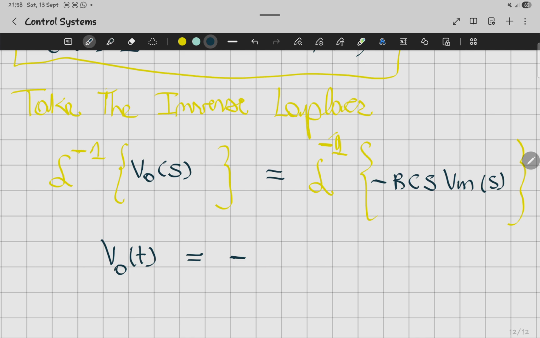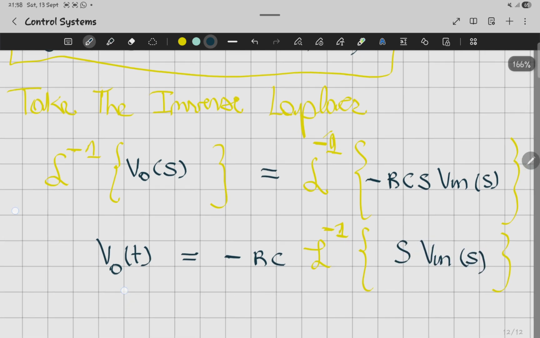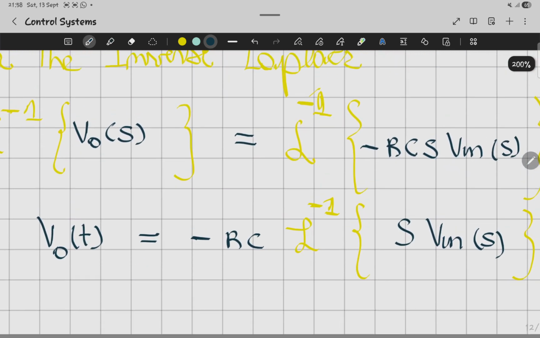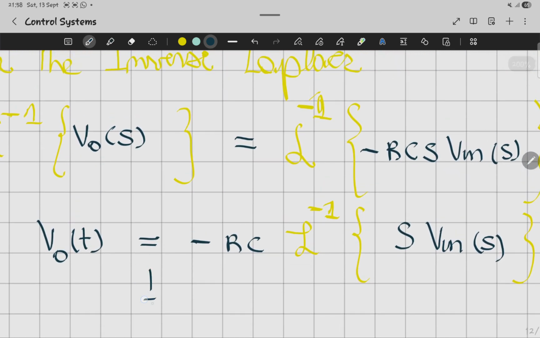you're gonna take the negative out, so you're only gonna take the inverse Laplace of the term in S domain. So you're only gonna take the inverse Laplace of S times Vi, which is gonna give you something like this: negative d by dt.